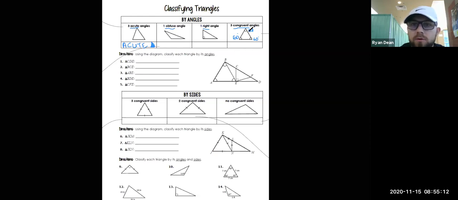So when you see a triangle that has these three arc marks in all the angles, that means that all the angles are going to be 60 degrees. And we call this one an equiangular triangle.